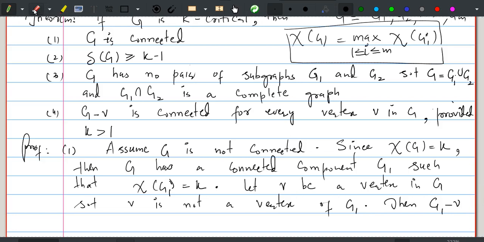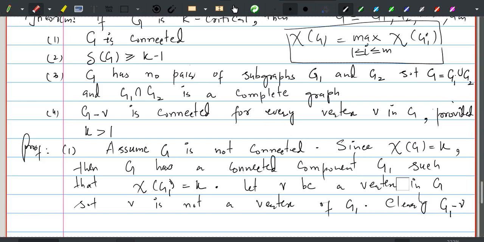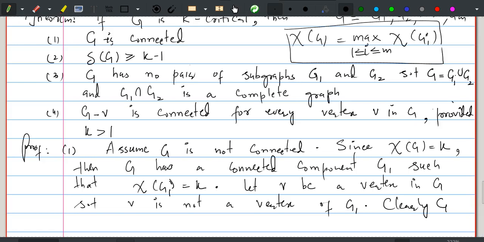Clearly, G1 is a subgraph of G minus V, because V is not in G1.